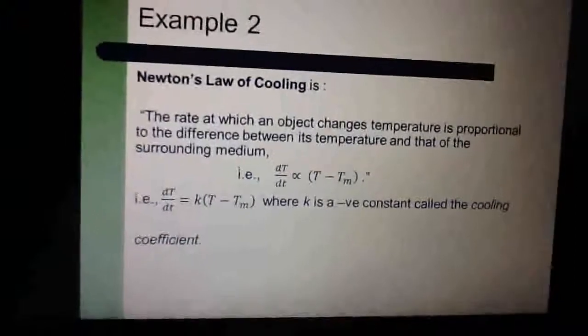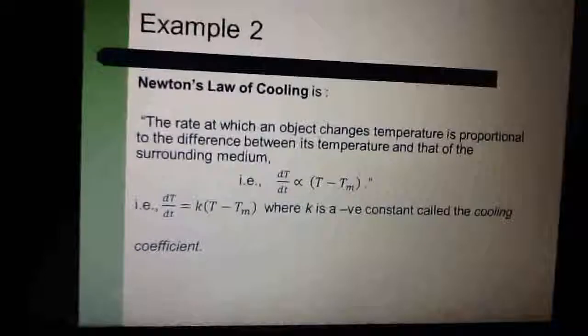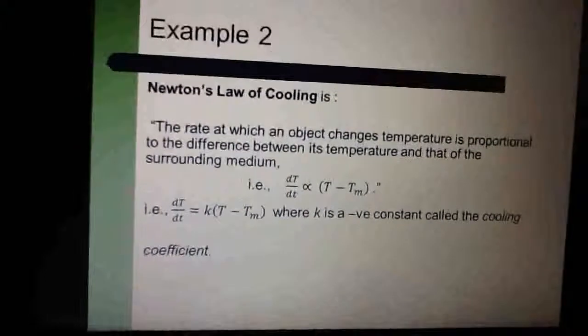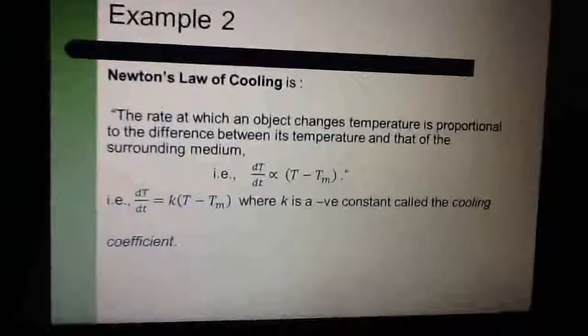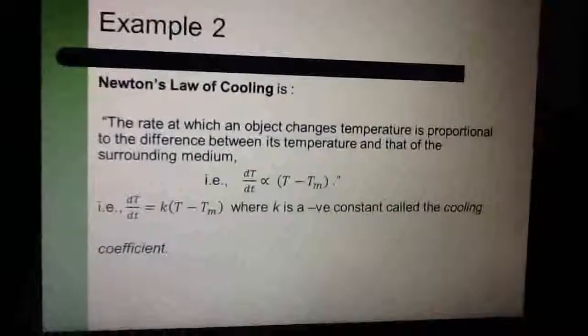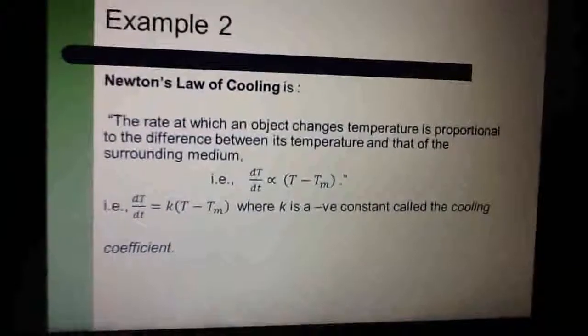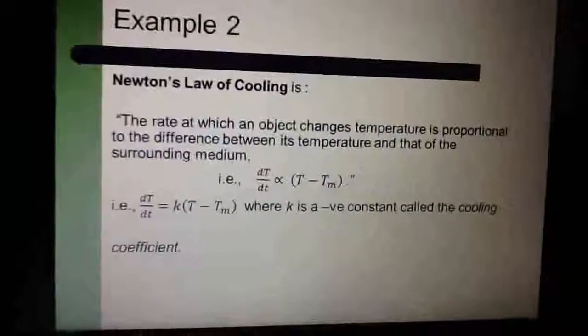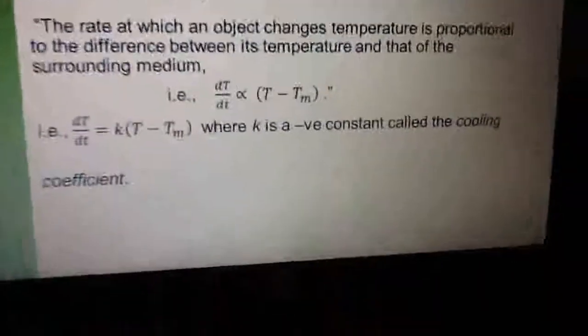That is, dT/dt equals k times (T minus Tm), where T is the temperature of the object and Tm is the temperature of the surrounding medium. k is a negative constant called the cooling coefficient.